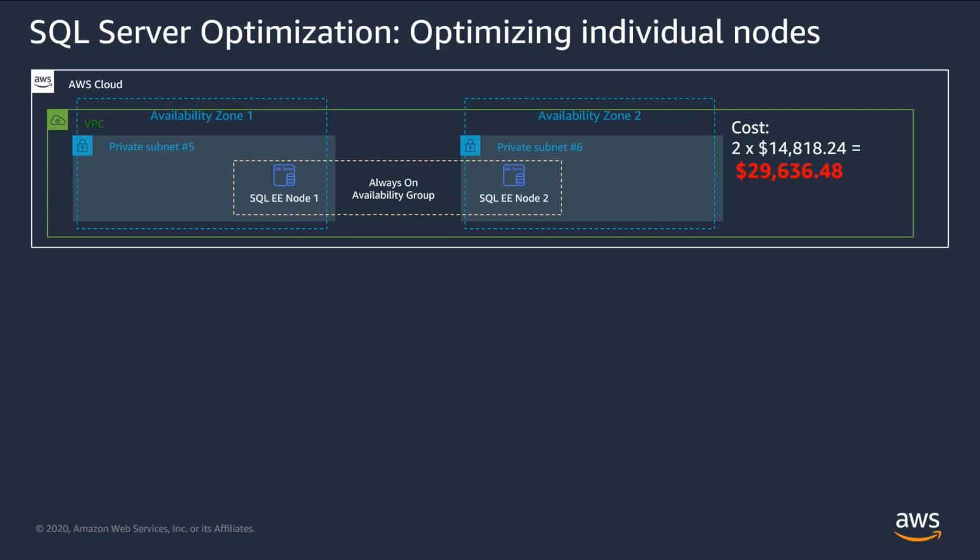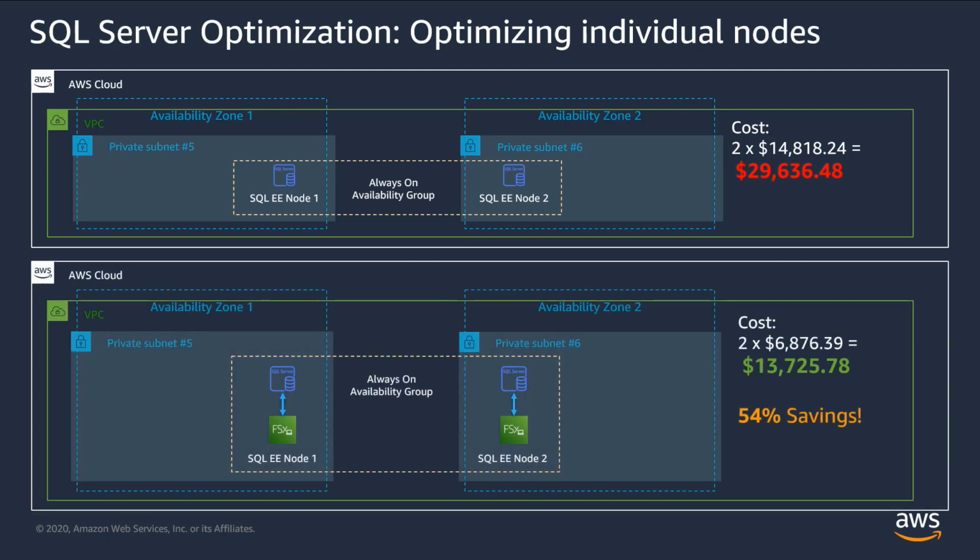Based upon these performance testing results, we can change SQL Server nodes configuration from the original one with the cost of about $30,000 per month to optimized configuration with the cost of under $14,000 a month, resulting in about 54% of cost savings. Just look for a minute at these numbers.